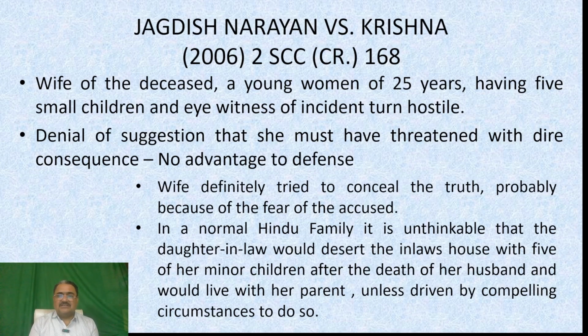Denial of the session that she must have been threatened with dire consequences, no advantage to defense. The wife definitely tried to conceal the truth, probably because of fear of the accused. In a normal Hindu family, it is unthinkable that the daughter-in-law would desert the in-laws' house with 5 of her minor children after the death of her husband and would live with her parents unless driven by compelling circumstances to do so. What is it?